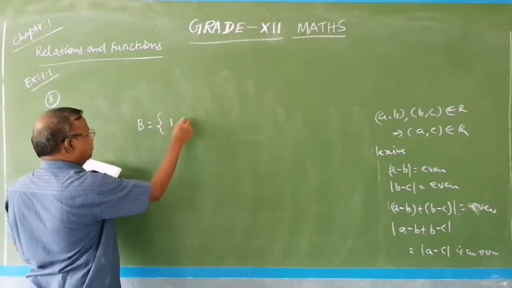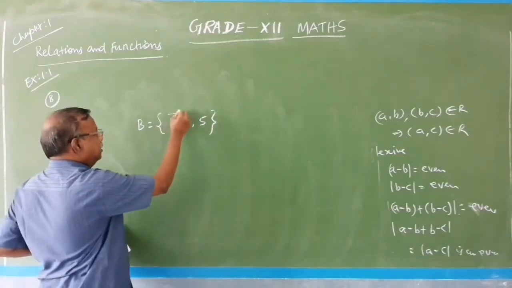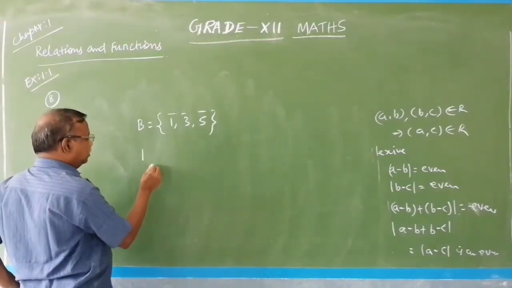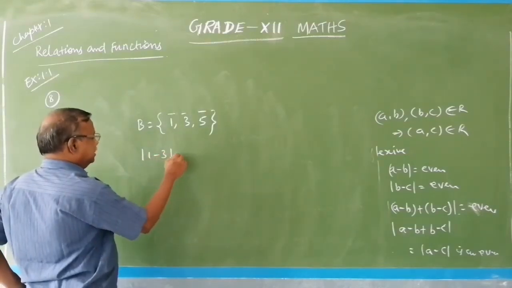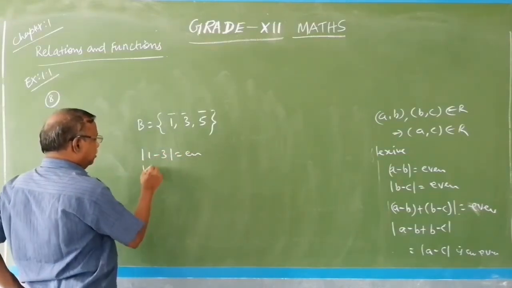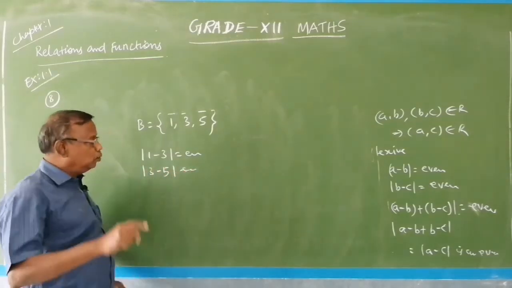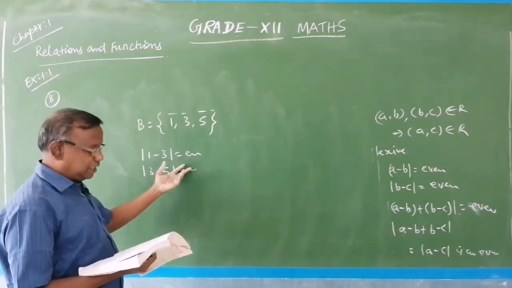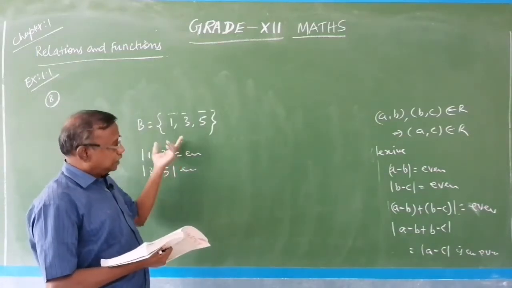Clearly, these three are odd numbers. We know that the difference between two odd numbers is always an even number. That is, 1 minus 3 is even, and 3 minus 5 is also even. So, the difference between two odd numbers is always an even number. Therefore, every element is related to each other.